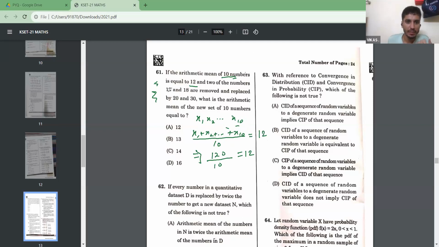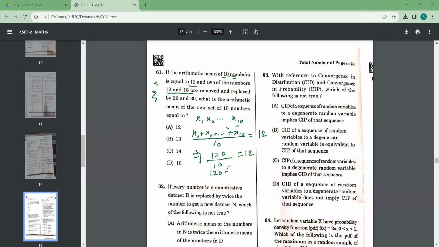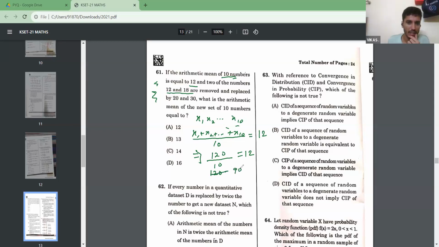But if 12 and 18 are removed, the sum is 120 minus 30, so the sum becomes 90 now.